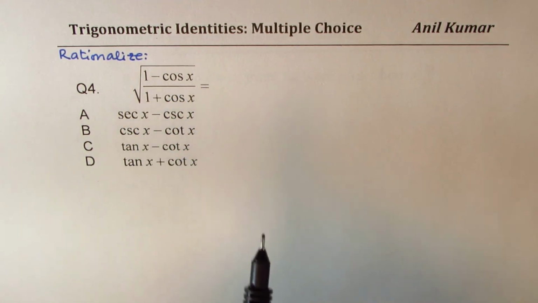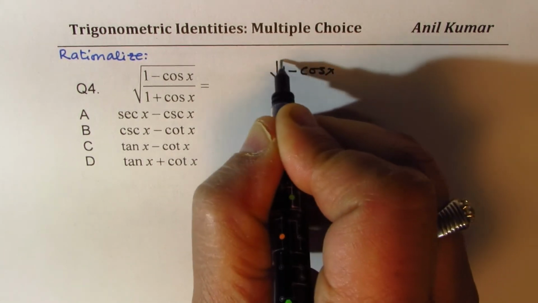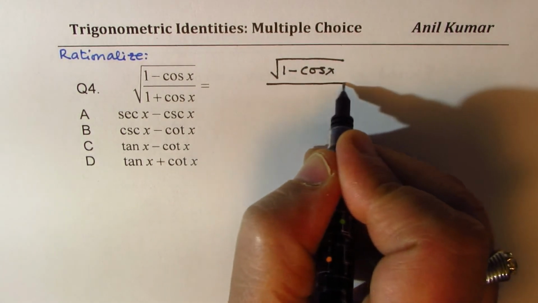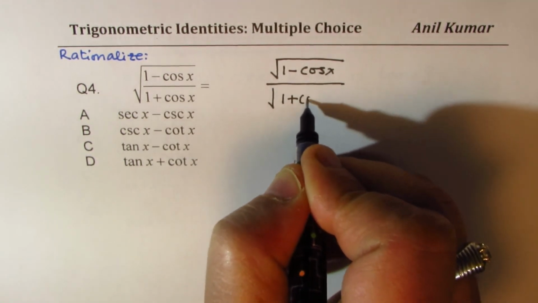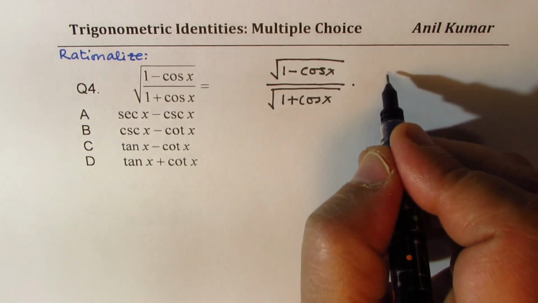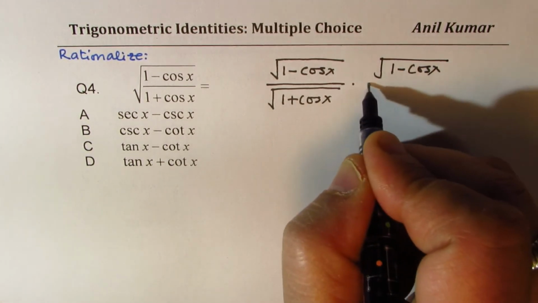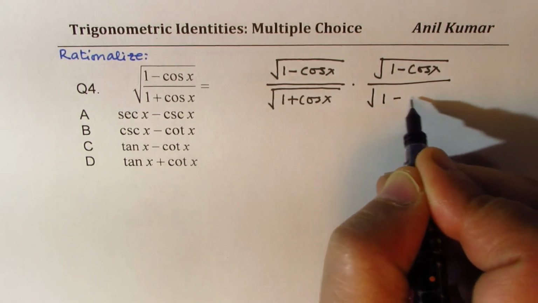So to rationalize, we'll multiply and divide by the conjugate of the denominator. So this particular expression can be written as square root of 1 minus cos x over square root of 1 plus cos x, times the conjugate of 1 plus cos x, which is 1 minus cos x, correct? Over square root of the same term.